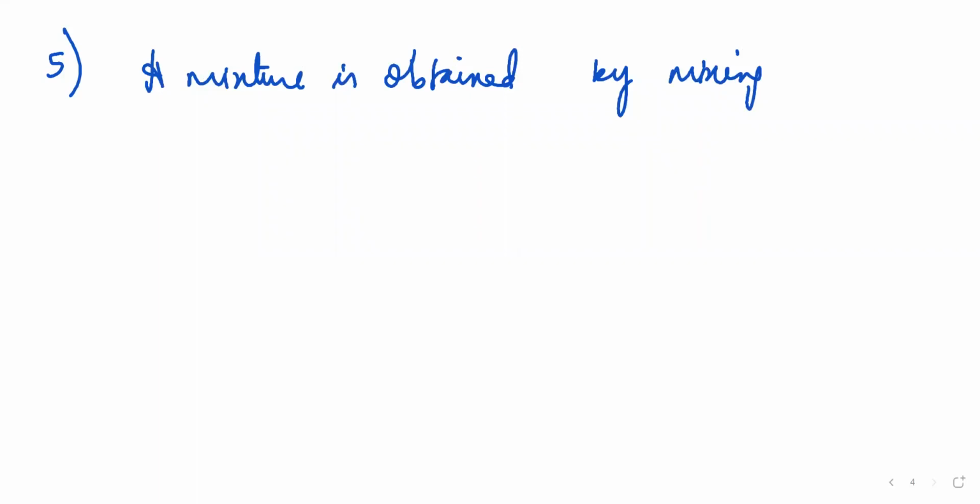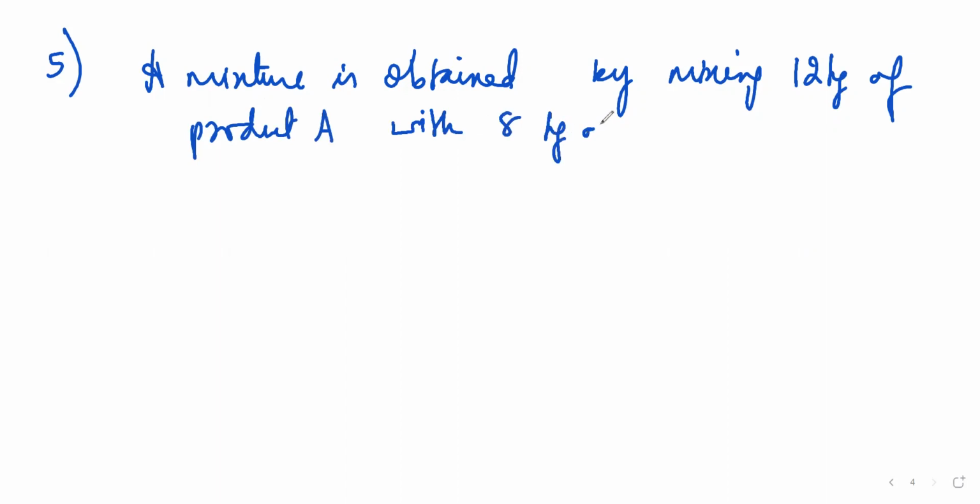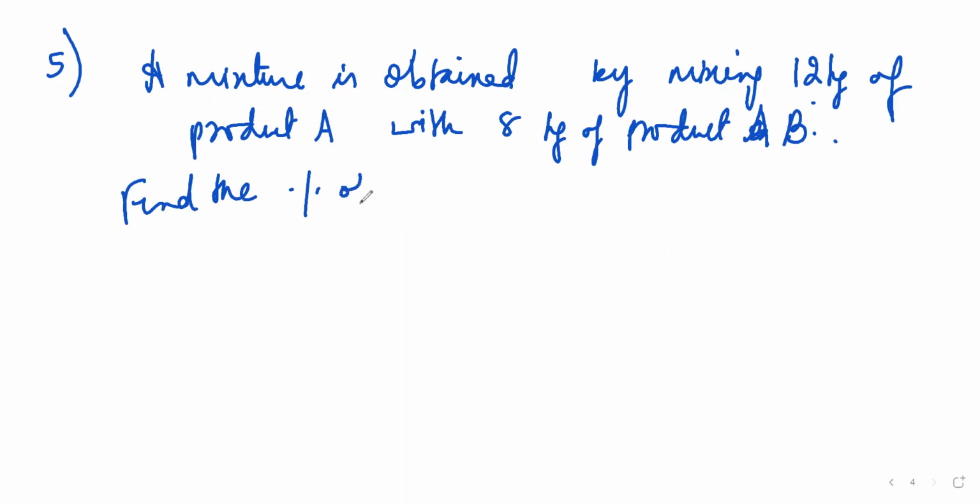Let us take, for example, 12 kg of product A, whatever it is, with, let's say, 8 kg of product B. So you want to take two things, two products, and mix them: 12 kg of one product with 8 kg of the other product. Find the percentage of product B in the mixture.